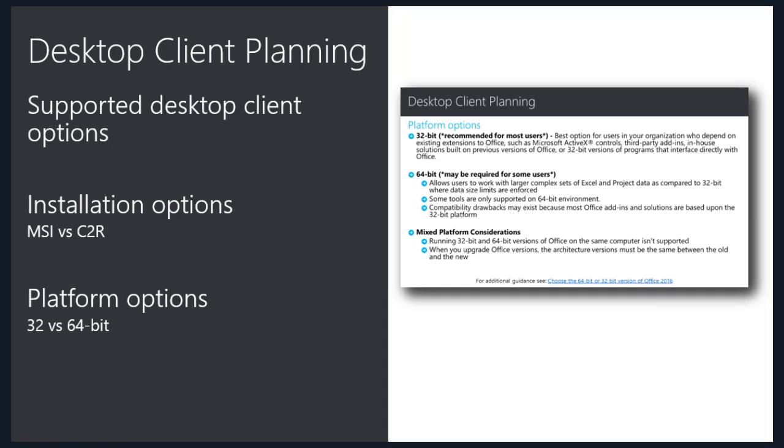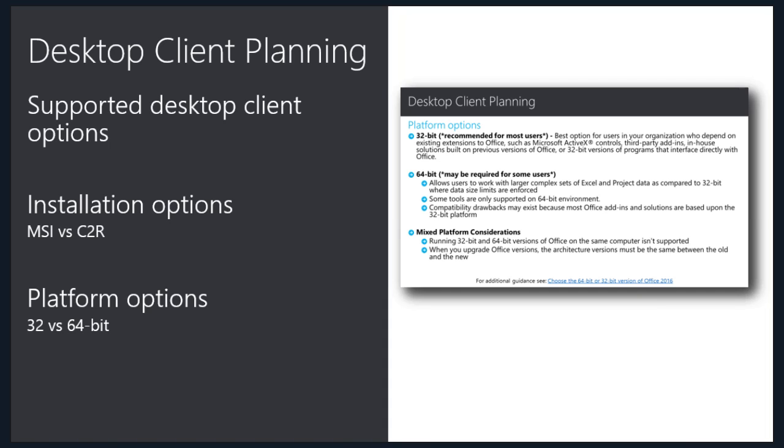Finally, make sure that the project team becomes aware of the platform differences. Important note here, you cannot run 32 and 64-bit versions of the Office on the same computer. Generally, the recommended installation option is the 32-bit because many third-party Office add-ons and some ActiveX controls are built for this architecture.